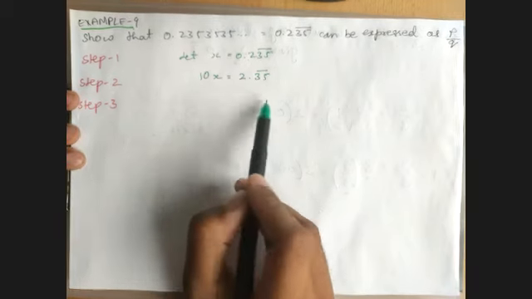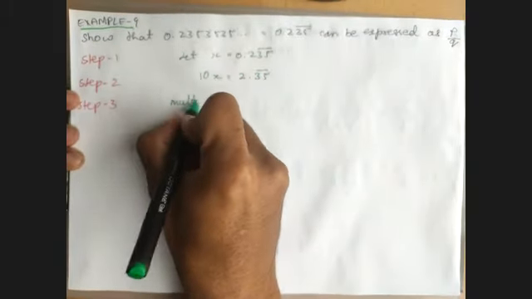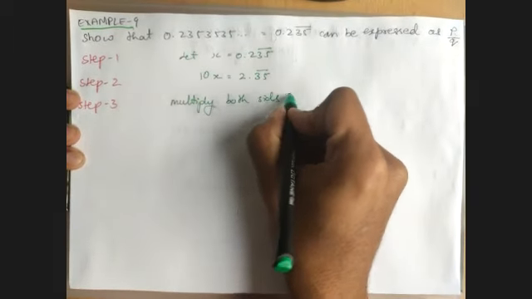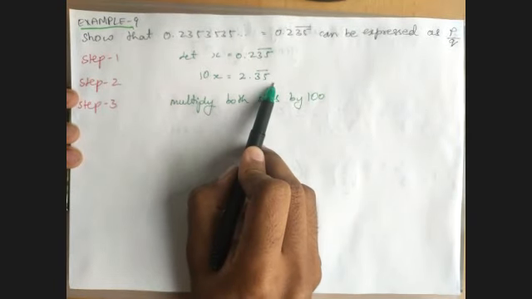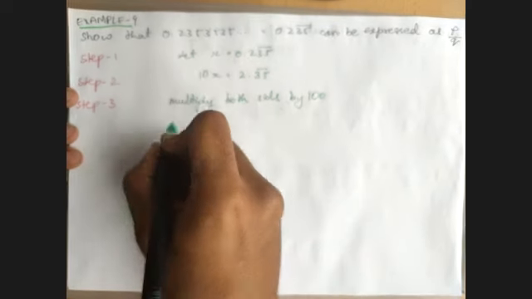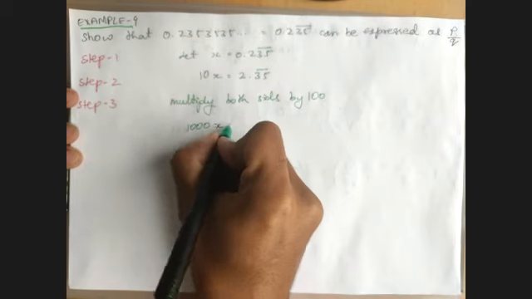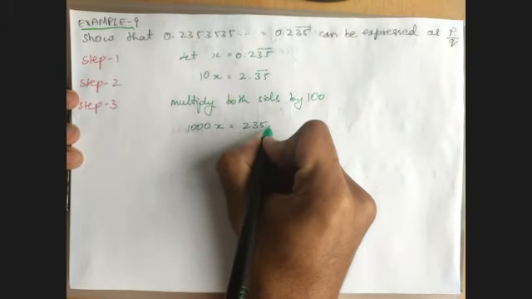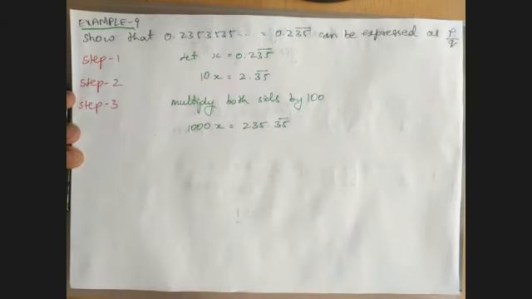So now, as usual, I have to multiply both sides by 100. Why? Because I have 2 digits which are recurring. So it is 1000x is equal to 235.35 recurring.